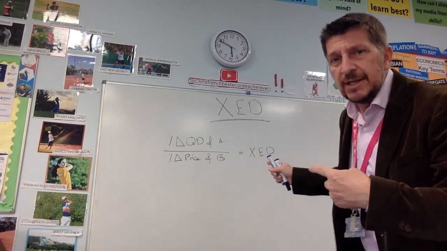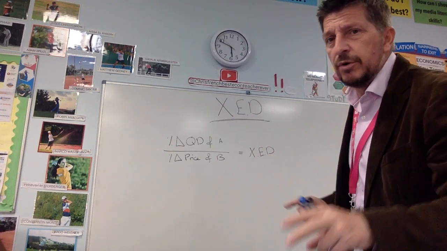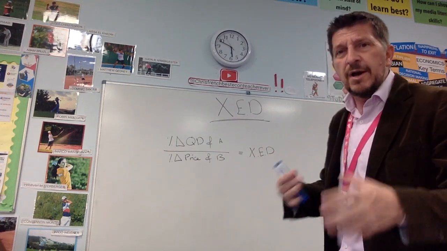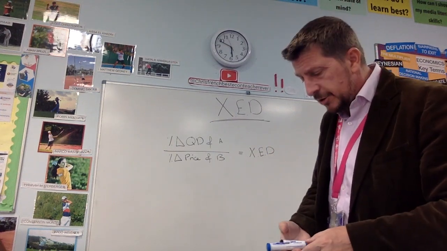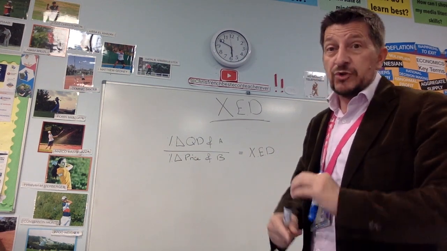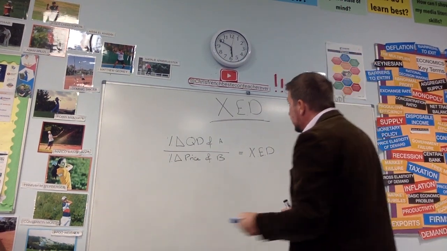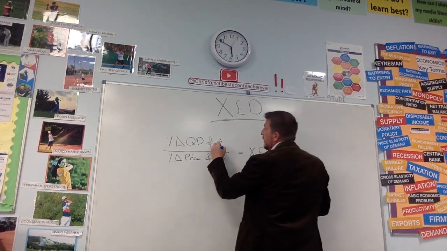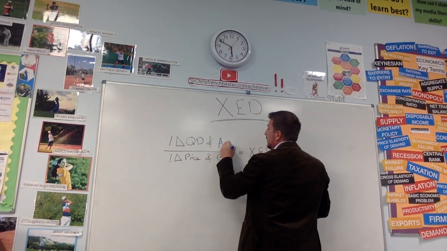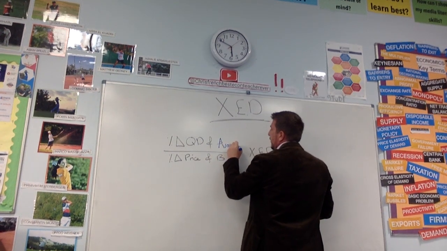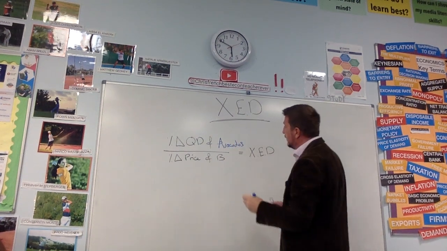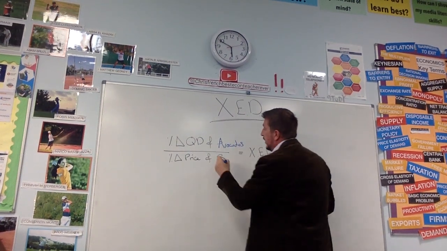So let's get into this and see if we can choose two products, and work out whether they're complementary or substitute goods. Now, try and forget everything you know about this situation. Let's say avocados and bananas.